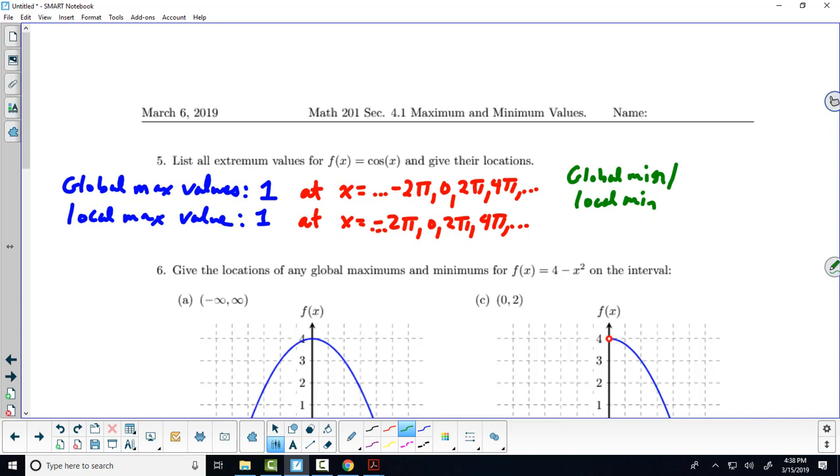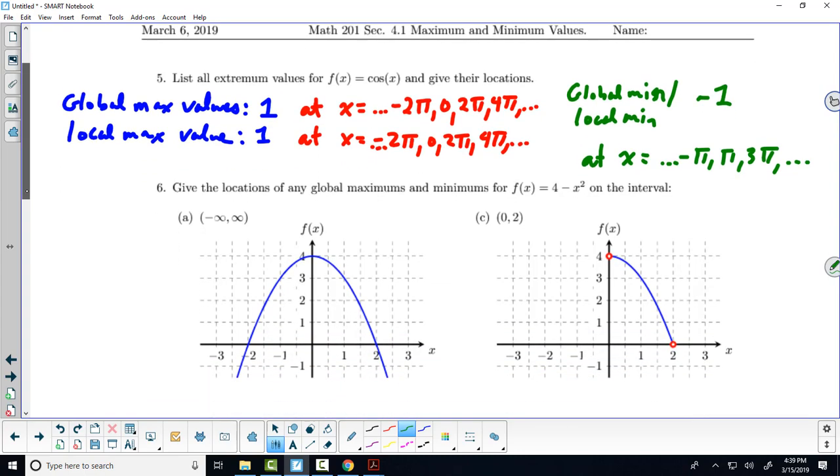The global and local mins were negative 1, and they occurred at x equal to dot dot dot minus pi, pi, 3 pi, dot dot dot. Okay? So I erased the graph to finish writing this out, but if you have any questions as to why that's so, look back at it or let me know. All right.